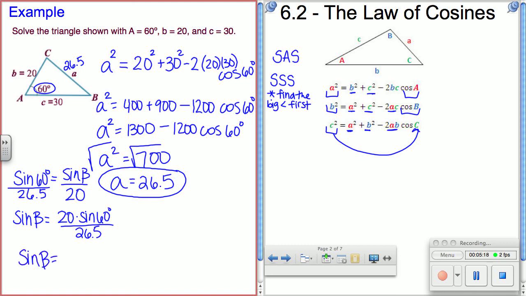When I use my calculator, that's 0.654. And remember now I have to do the sine inverse to get what angle B equals. When I do that, angle B ends up being 41 degrees.